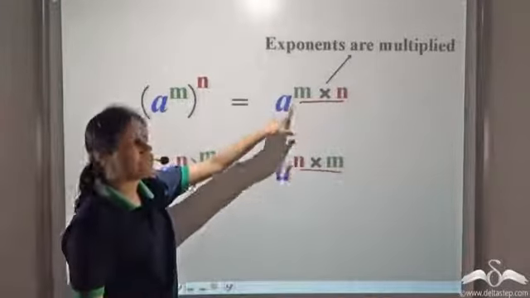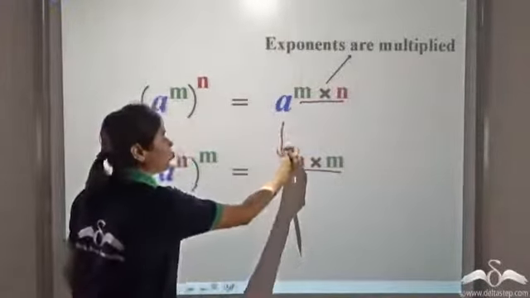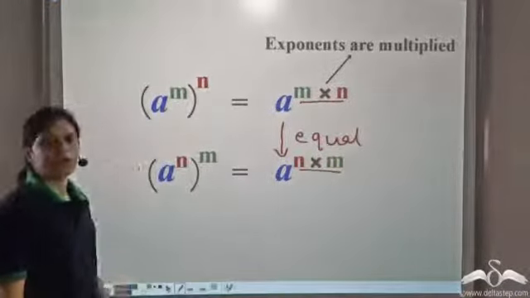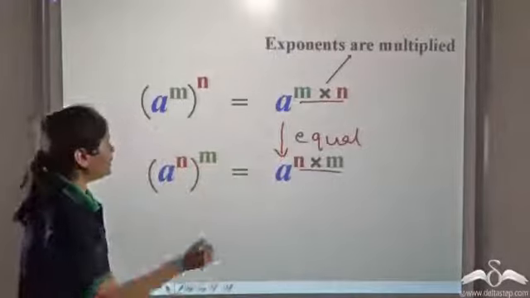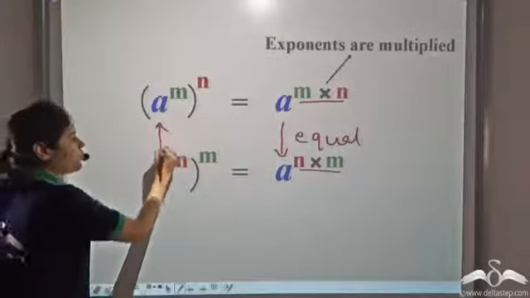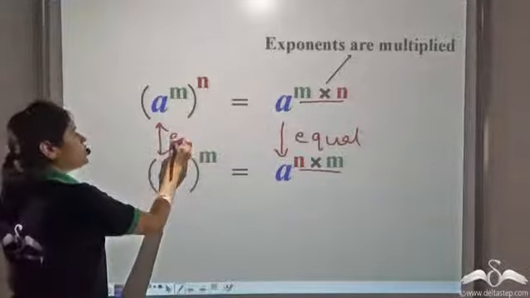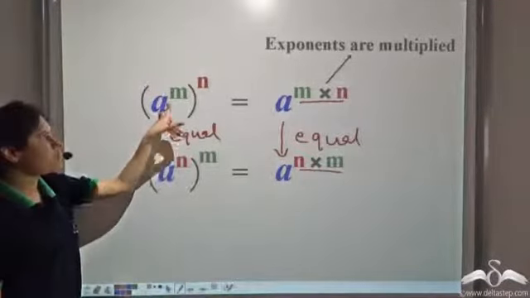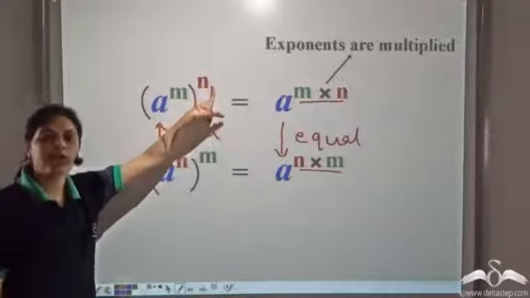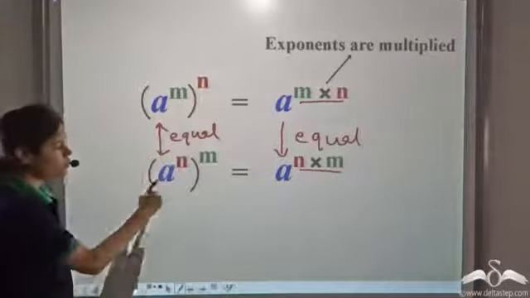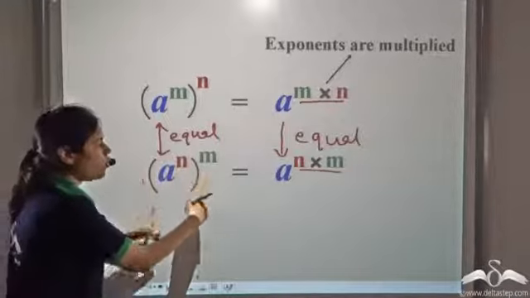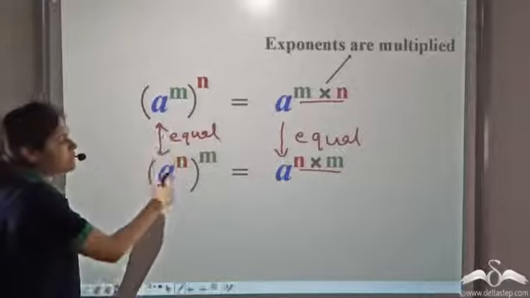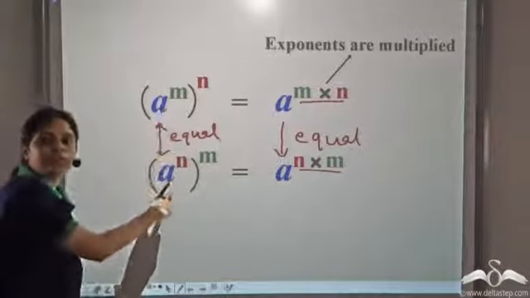So these two are equal. Now if these two are equal, even these two should be equal. So if we have a to the power m whole raised to the power n, that is equal to a to the power n whole raised to the power m. So if we reverse these powers, the expressions remain the same.